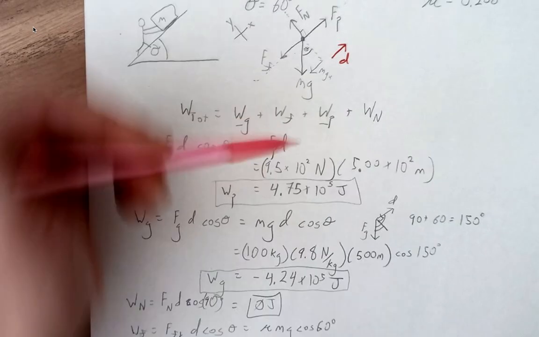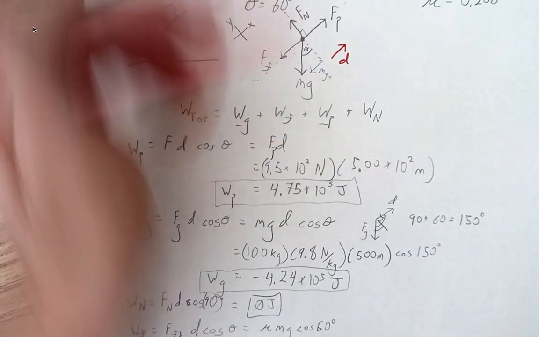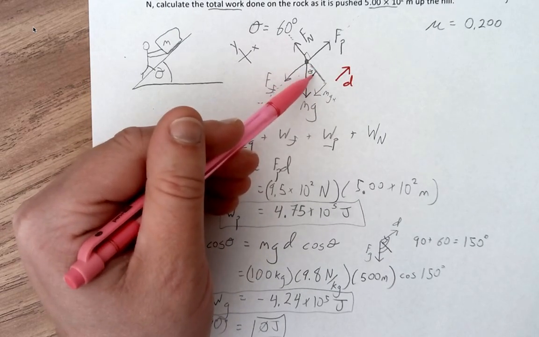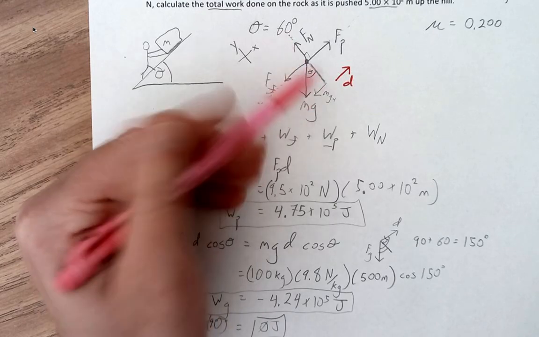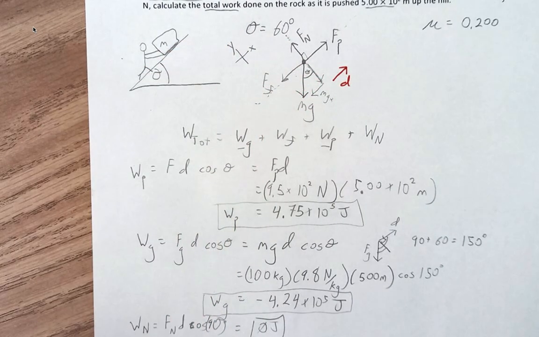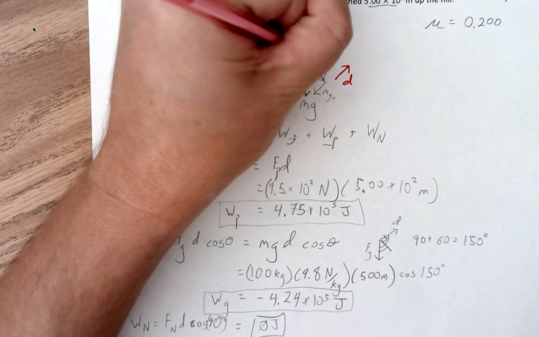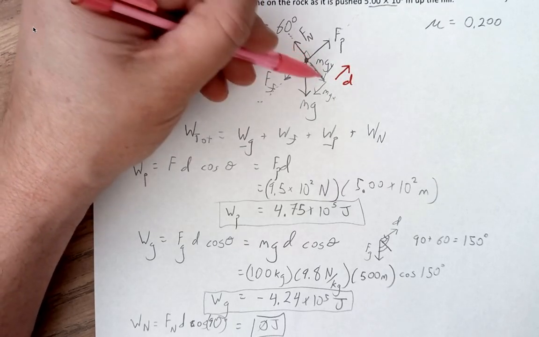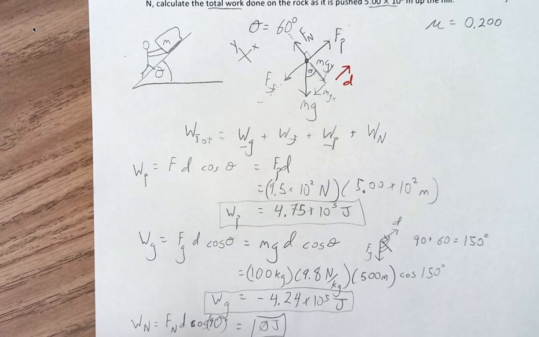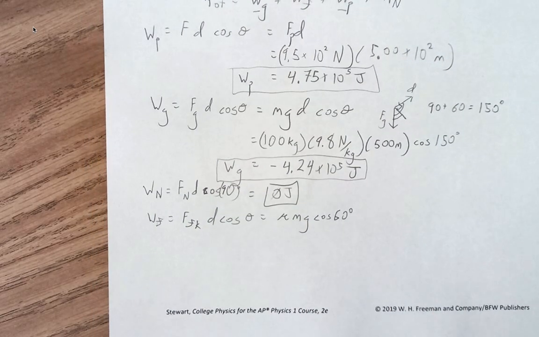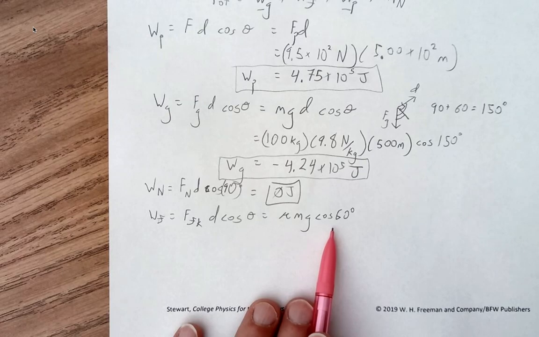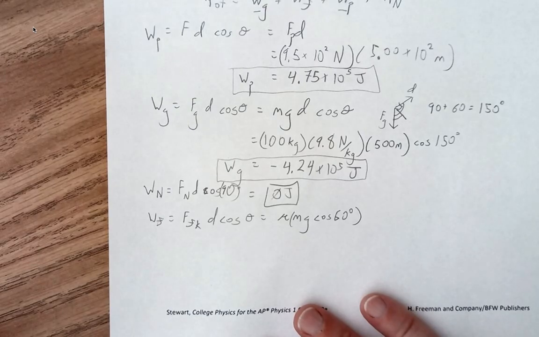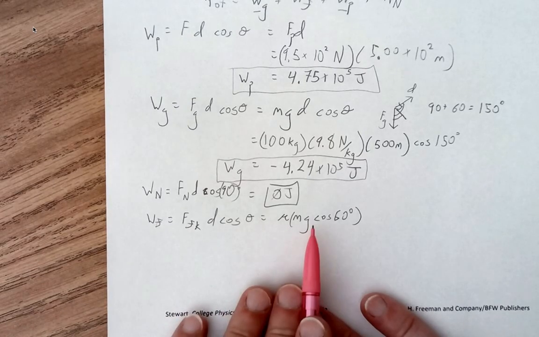Cosine of 60, because that's the adjacent component right here. The normal force is equal to the mg in the y. If this is theta and this is the adjacent, I want to use the cosine for this mg in the y component to get that normal force. So it's mu mg cosine of 60, and that is the normal force, so mu times the normal force.